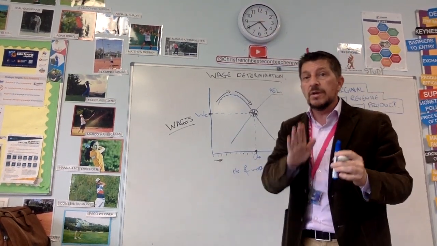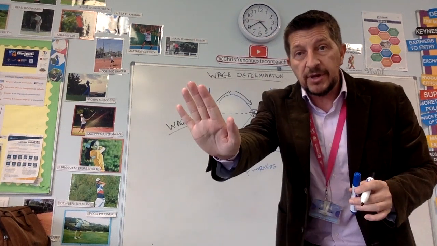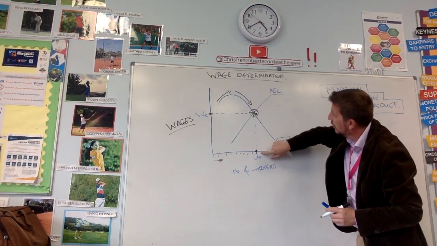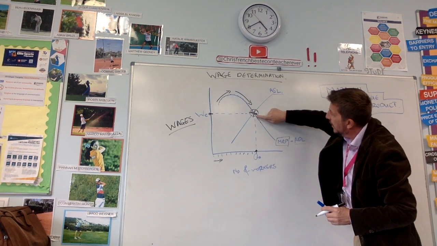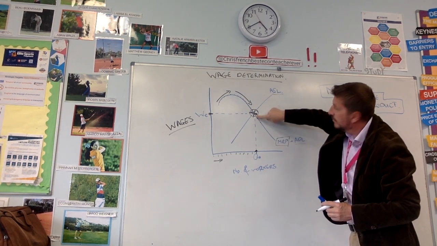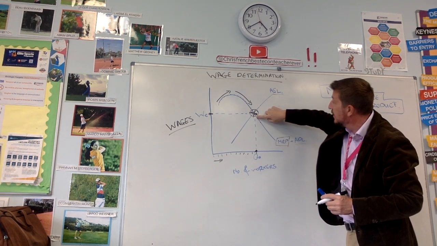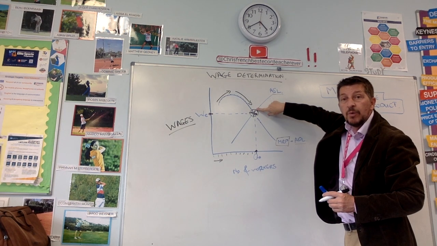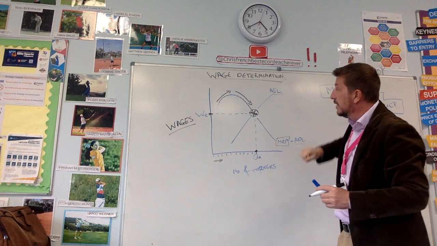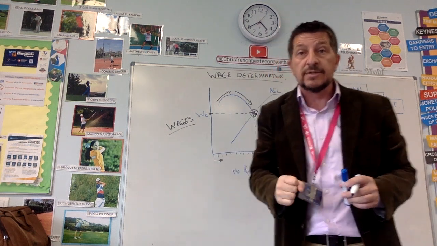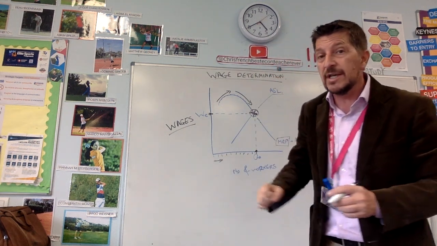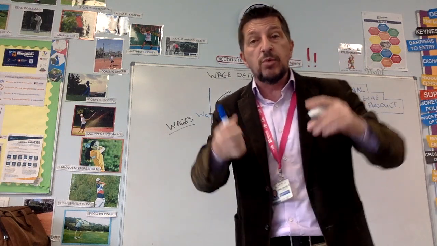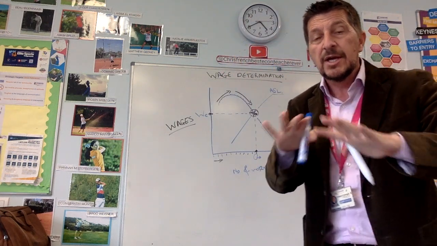So you wouldn't necessarily then employ the next person, because imagine if you employed the next person along, they are providing less benefit in terms of monetary value to your business than it costs you to pay their wages. And that doesn't make any logical sense. And that is why we see this wage determination in the labour market. And that is why the market settles at that point.